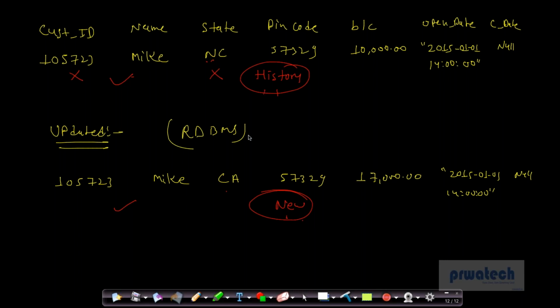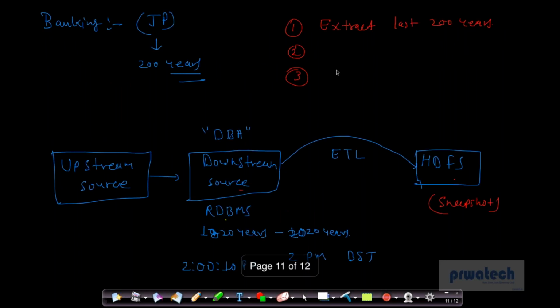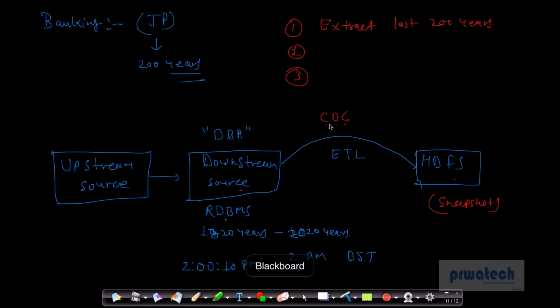So this thing will be done by Sqoop, insert, and update, but not directly. We will perform a data modeling stage, especially CDC, change data capture. In this flow, we will check that in a short while.